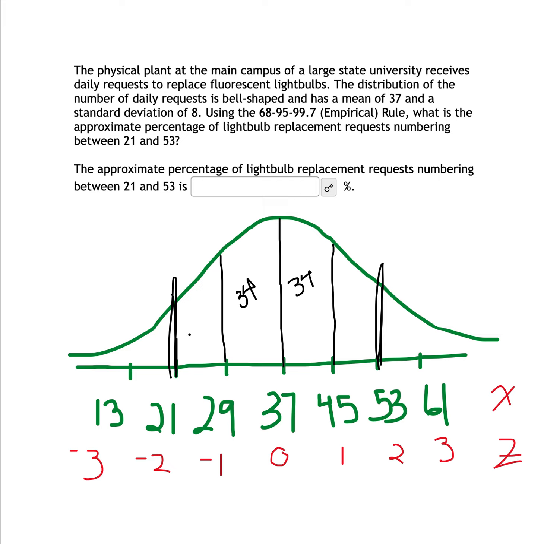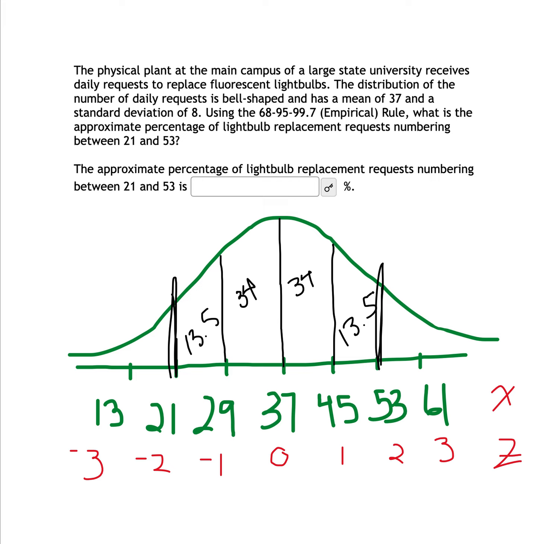So I know 27% of the data has to fall in this area here and then this area here. So if I take 27 and divide by 2, I know that this area here covers 13.5% of the data, and this area here covers 13.5% of the data.